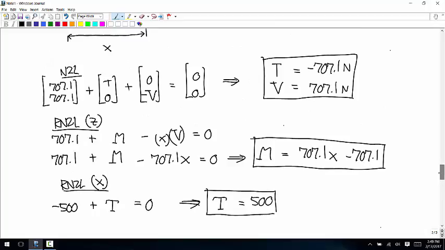Okay, so based on this now we have these functions that tell us what the internal loads are at any point x along the beam. The internal tension, the internal shear force, and the internal torque don't change. Those are just constant the whole way in this case. That won't always be the case, but this is a simple problem. But the internal bending moment changes as a function of x.